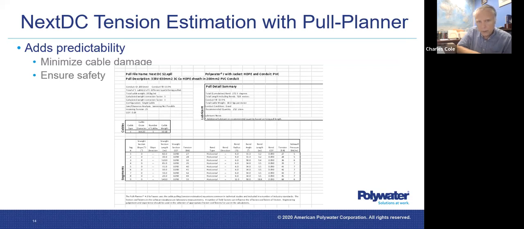Okay, and in order to allay any concerns that they had with regards to the tension and the possibility of damage, they used our pull planner, and this is basically a summary report of the pull planner data that was provided, that assured them that they would be able to make these three pulls in that span of time without surpassing either the maximum tension nor the sidewall pressure of the cable.